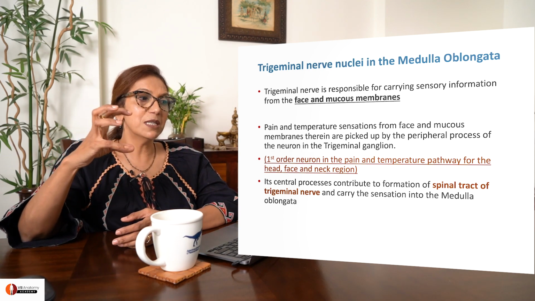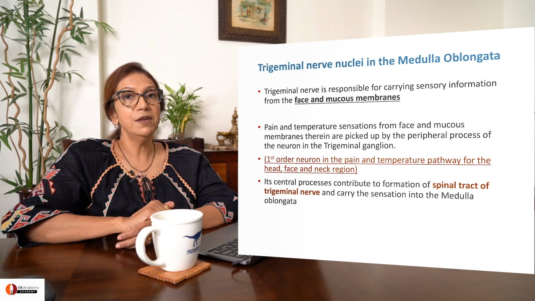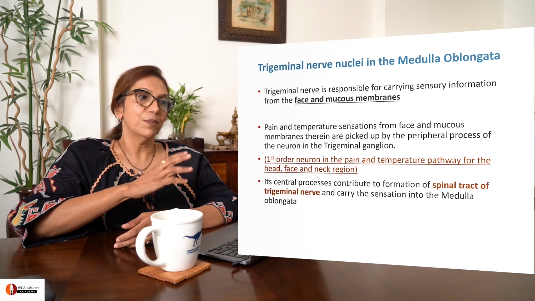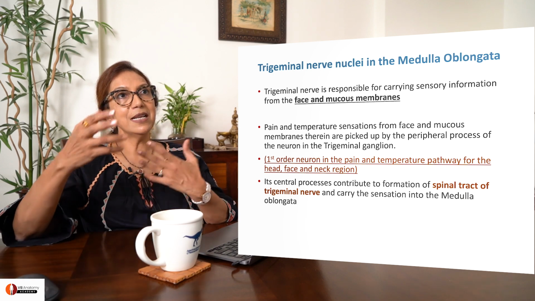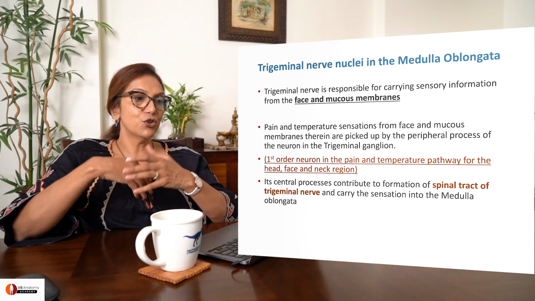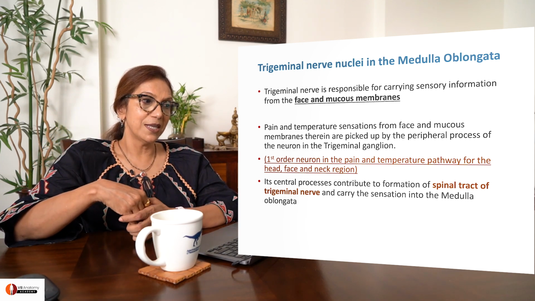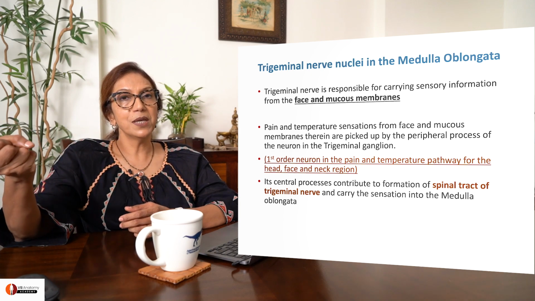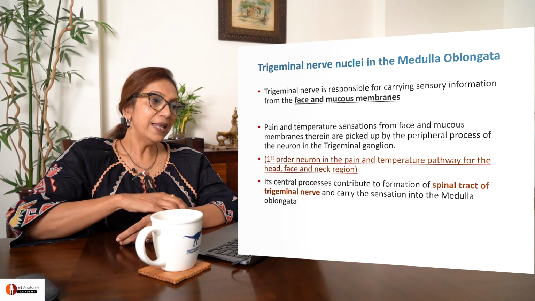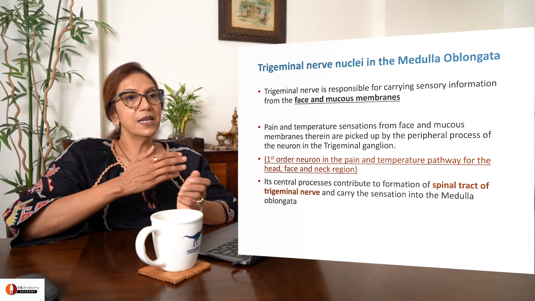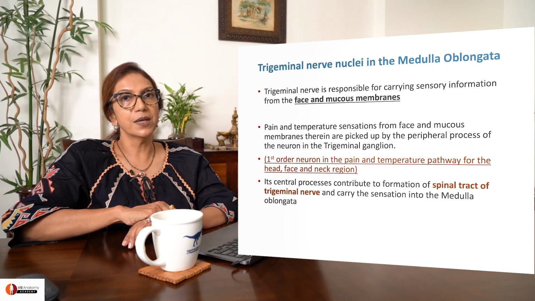Information from here is picked up by your trigeminal nerve and brought into the brainstem, medulla as well as pons. So pain and temperature sensation from your face and mucous membranes is picked up from here and carried to the trigeminal ganglion. And then later on, it is relayed into the spinal tract and nucleus of trigeminal.